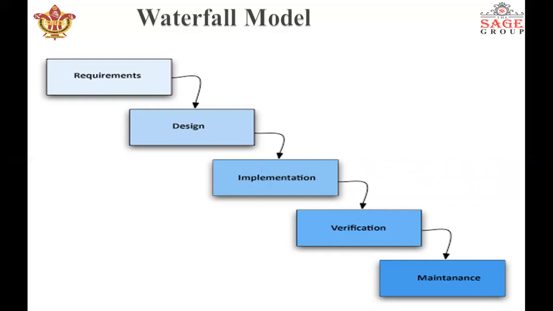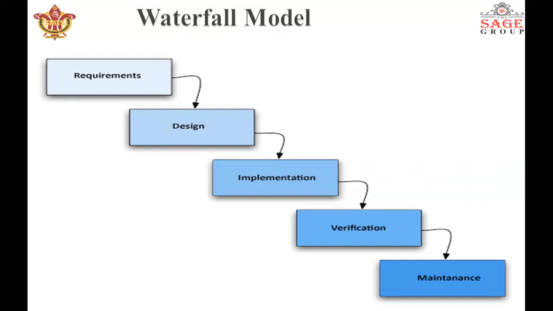With these 5 steps we create a waterfall model, but the one drawback is that if we are creating software and we come to the verification part, and at the time of verification we think some changes are required in the designing part, this waterfall model has no go-back facility, right?